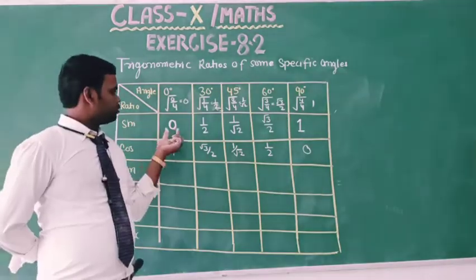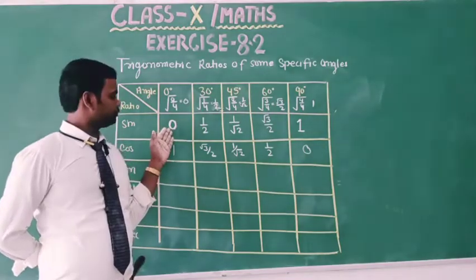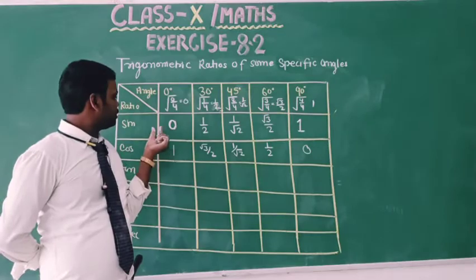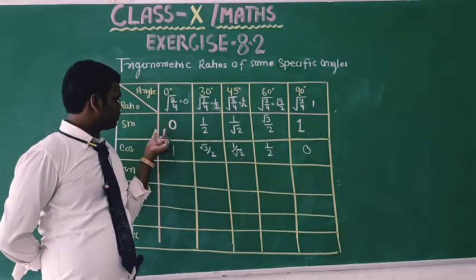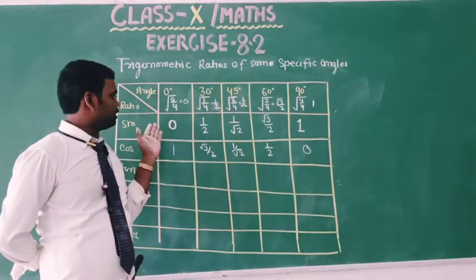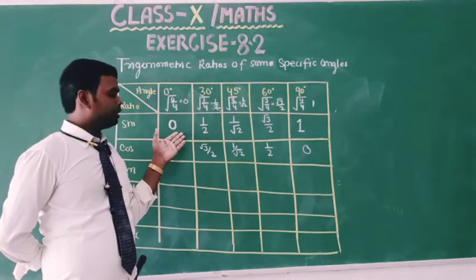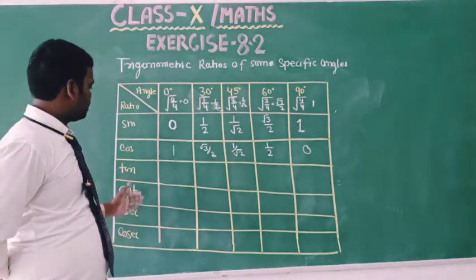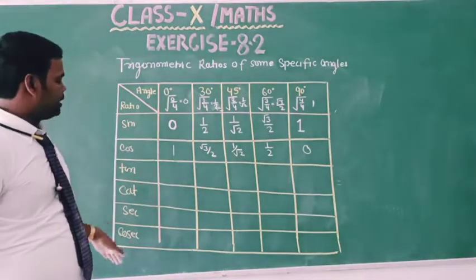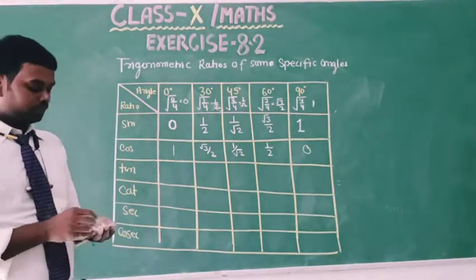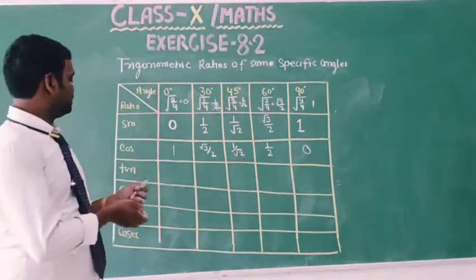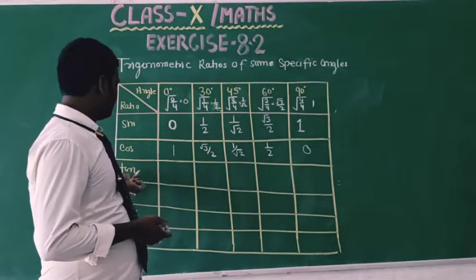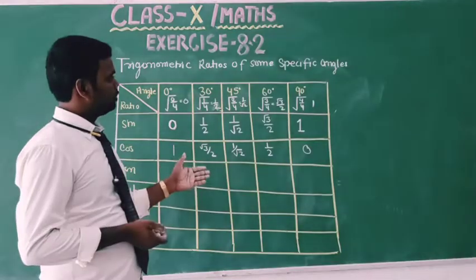Dear student, if the values of sine for the angles are learned, then with the help of sine we can find all the other five trigonometric ratios. Let us see how to find the value of tan 0, tan 30, tan 45, 60 and 90.